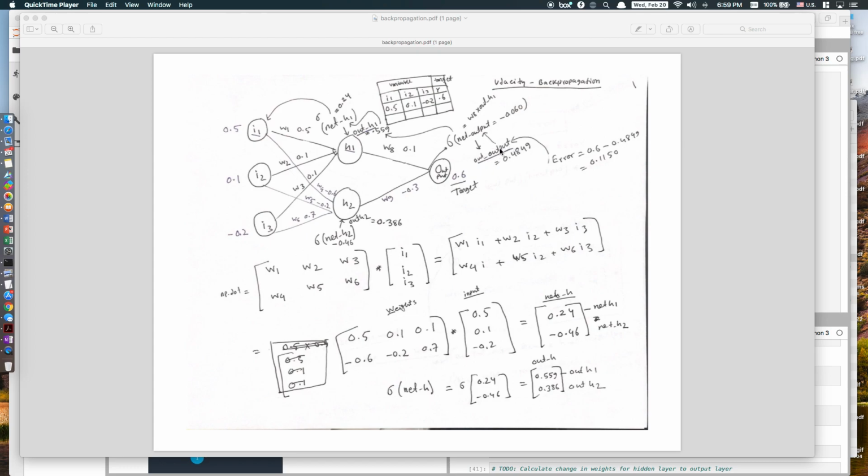Since the output is the sigmoid of net output, the derivative of sigmoid x is sigmoid x into 1 minus sigmoid x. So if we calculate this, we'll get the derivative of output: 0.4849 multiplied by 1 minus 0.4849.